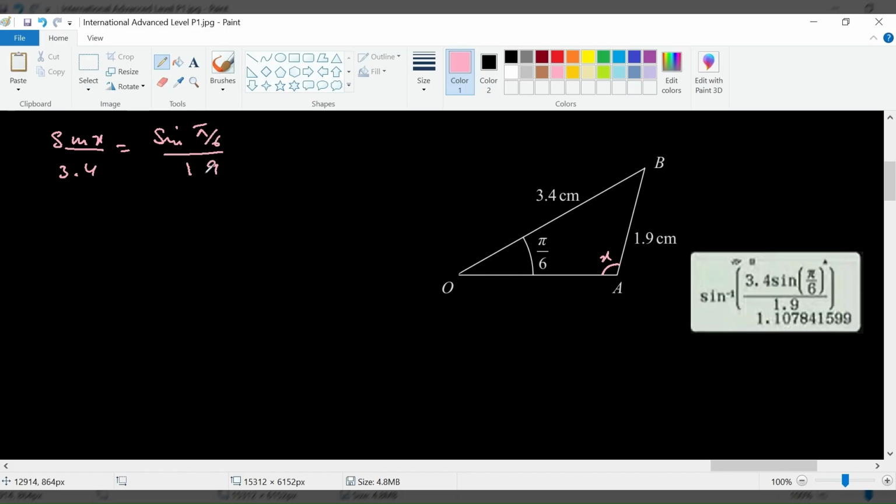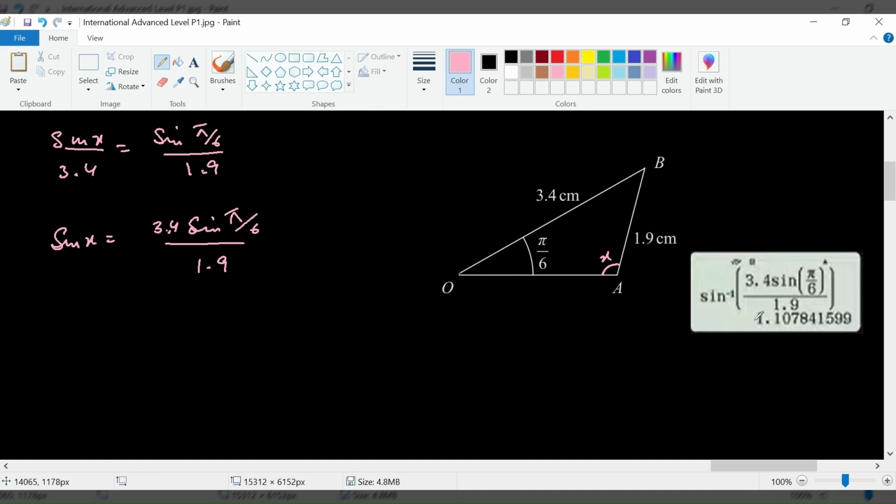It's very clear. Now, once we need to find out the value of sine of x, that means we need to multiply 3.4 with the sine of pi over 6 and divide by 1.9.